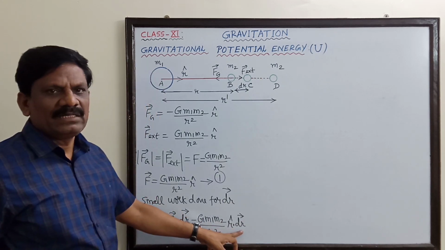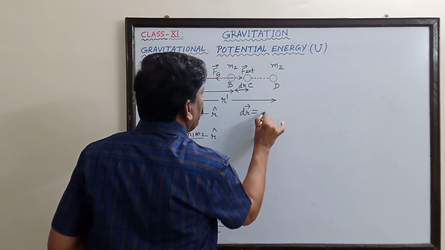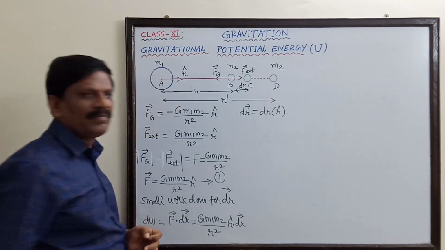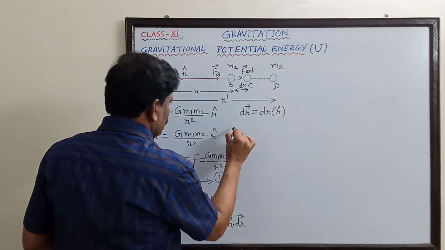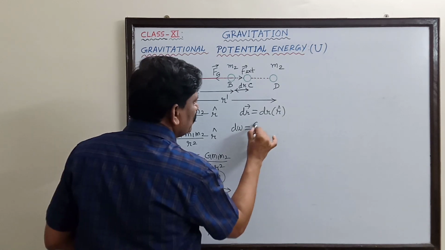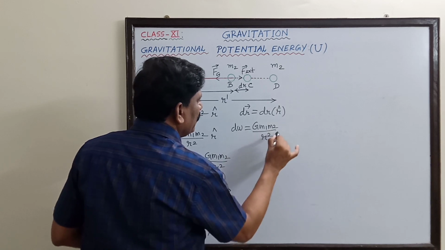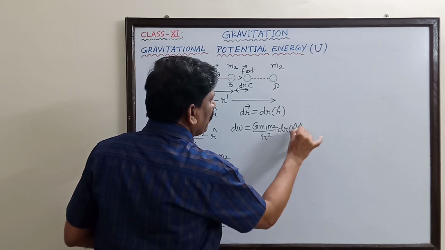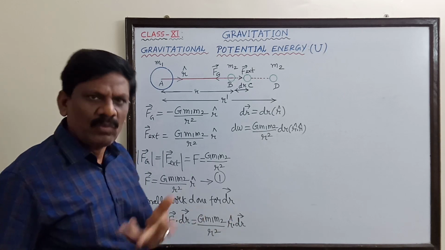This dr vector is equal to the length dr multiplied by the unit vector r cap. So now dW is equal to G m1 m2 by r square into dr into r cap dot r cap. R cap dot r cap, that is equal to what? Self dot product is equal to 1.